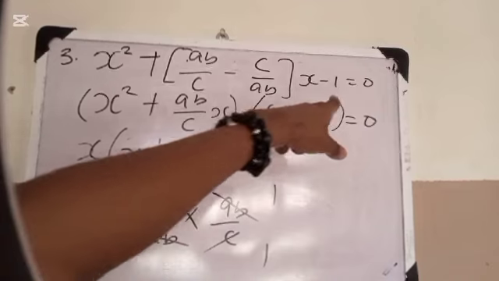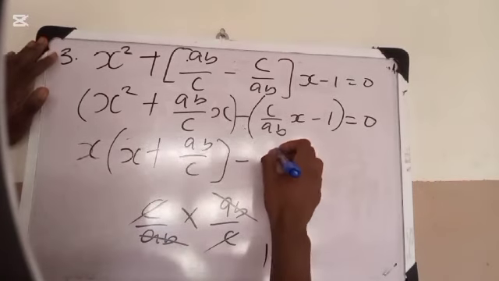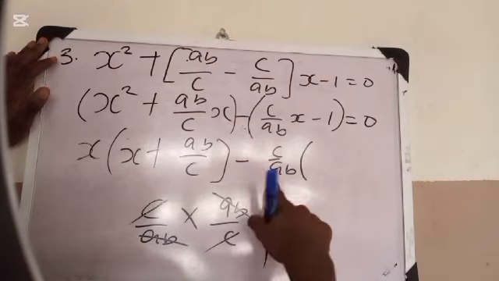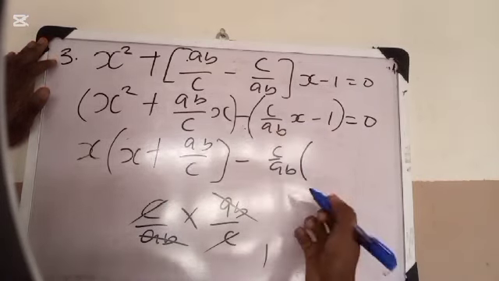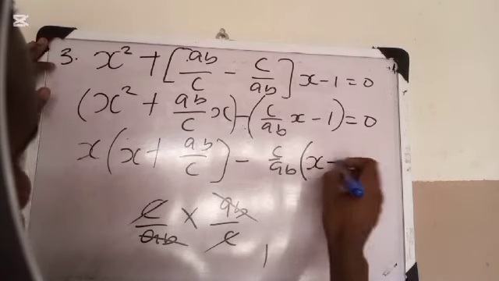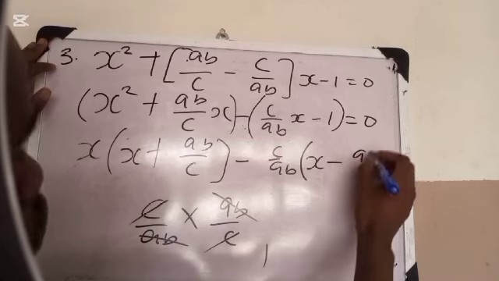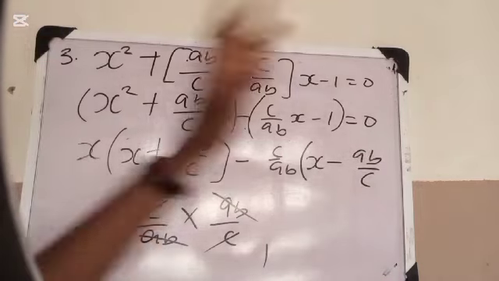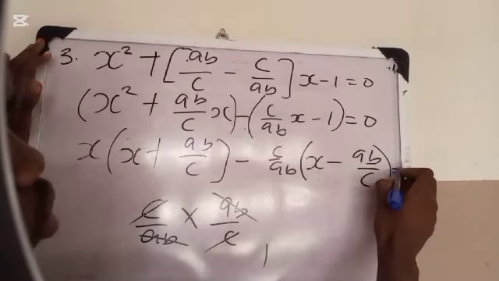Did you get it? So we have c over ab as our common term. So when you bring it out, you have c over ab times (x minus ab over c), because when you multiply this, you still get 1. When you open this bracket, you get 1 is equal to what?